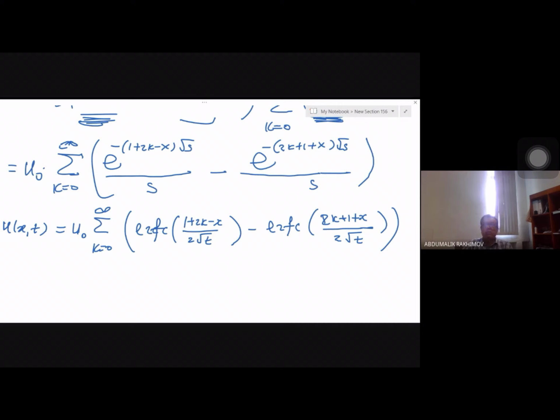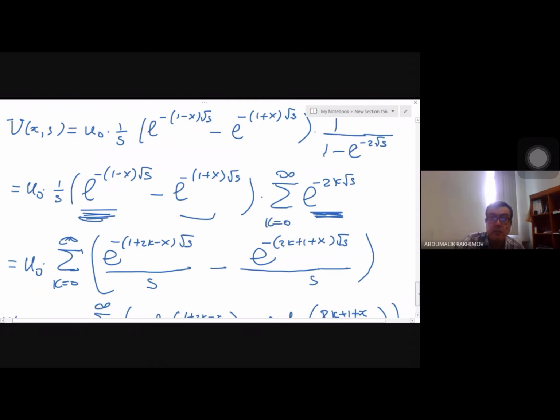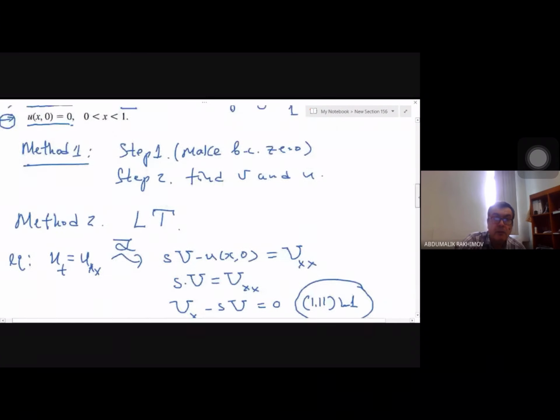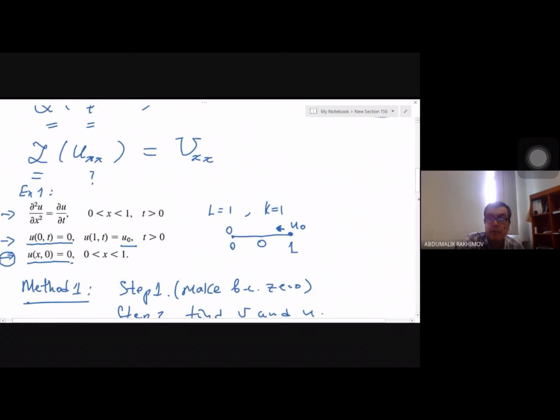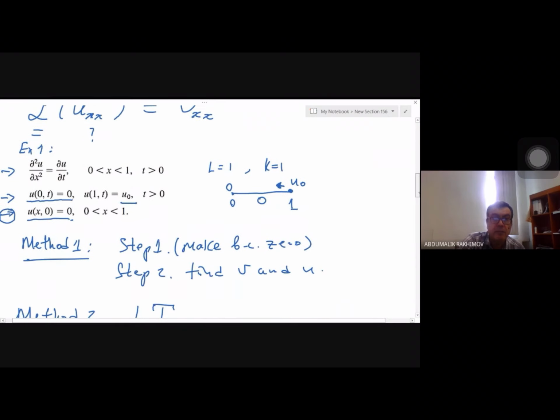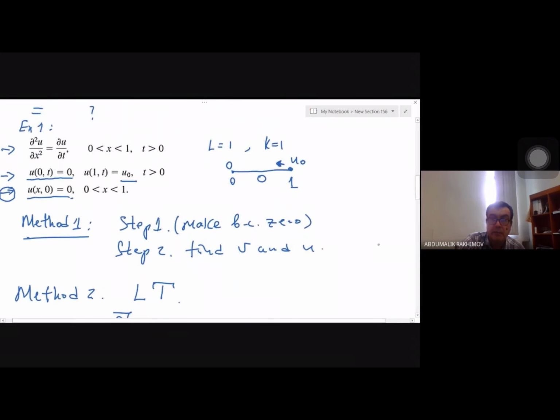So this is usage of Laplace transformation in the solution of this problem. If you look at this problem, and if I ask you which method is easy, you will say, of course, method 1. Because you know this, you can make boundary conditions 0 easily.